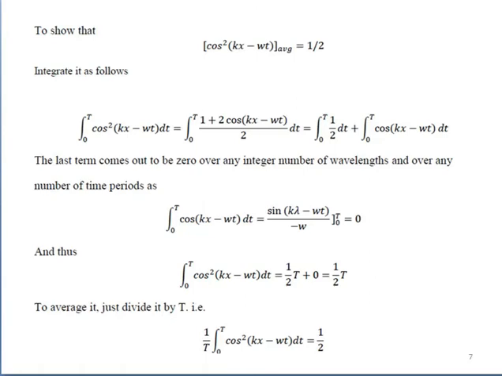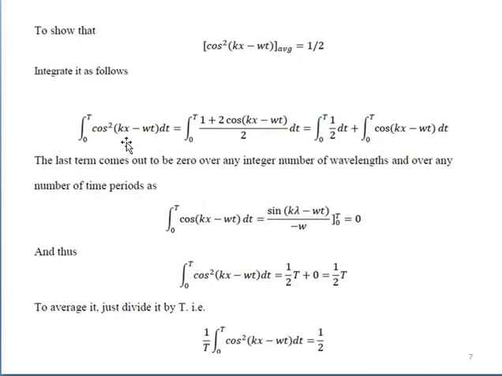If I integrate this relation with respect to t from 0 to 1 time period T, then I have to divide it by T for the average. So first find this integral and then divide it by T. You will find the average value of cos squared of kx minus omega t.